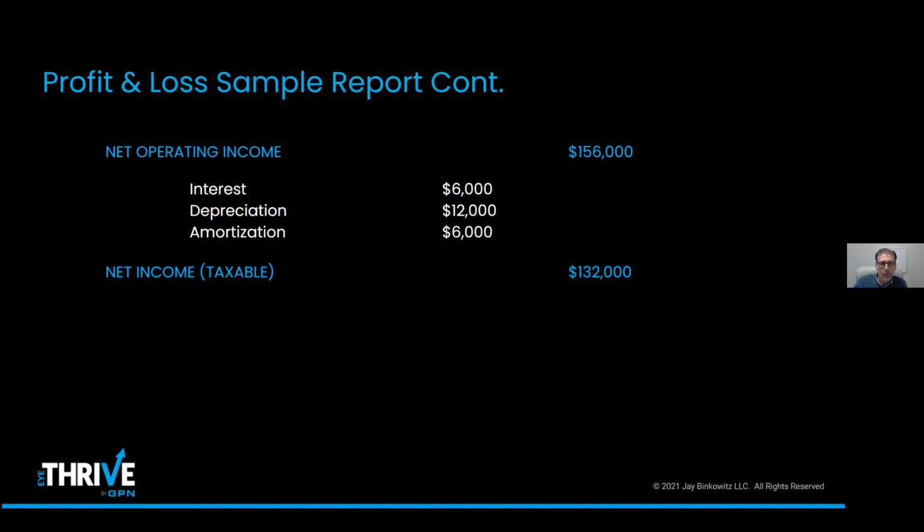We then have 2 additional expenses applied against the income to lower our taxable liability. And these 2 are depreciation and amortization. They essentially mean the same thing with a slight twist of the definition. The depreciation represents the loss in value of a tangible asset over time.